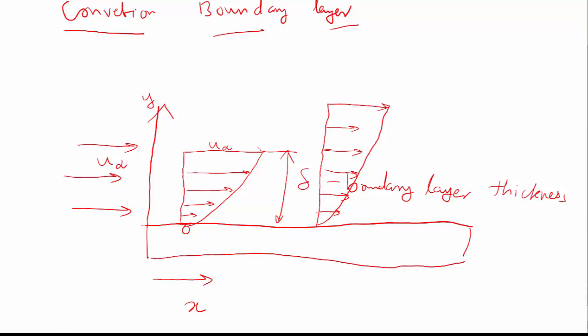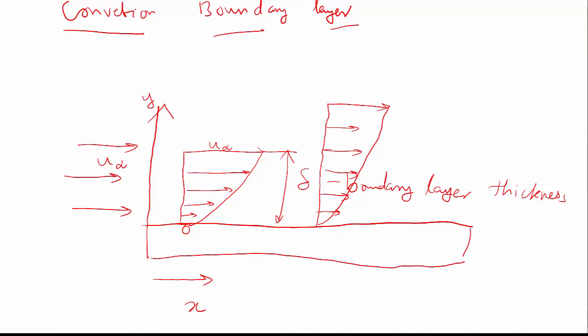The difference is that the boundary layer thickness increases from the leading edge to the trailing edge because of the speed of the fluid stream and the surface roughness of the plate.